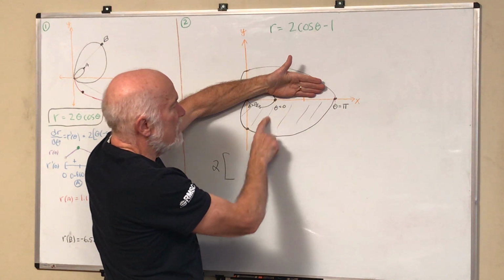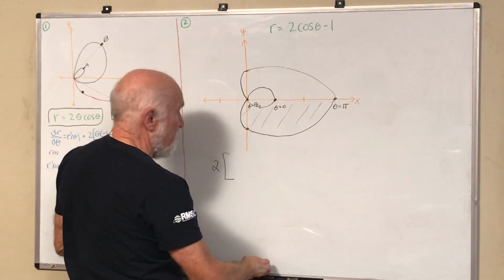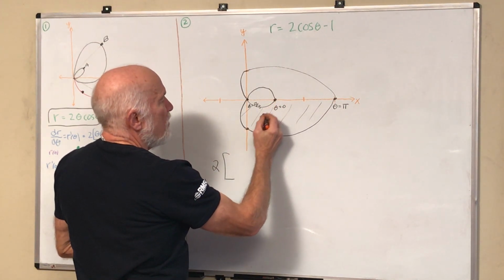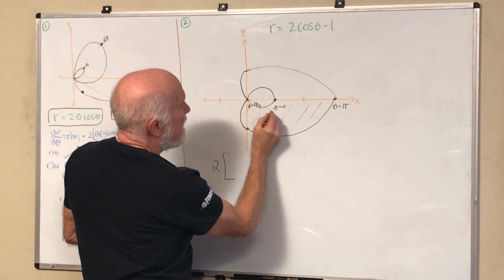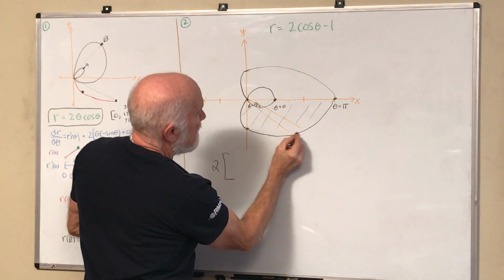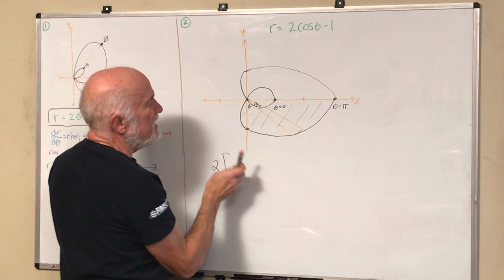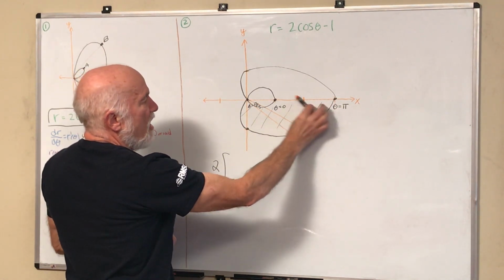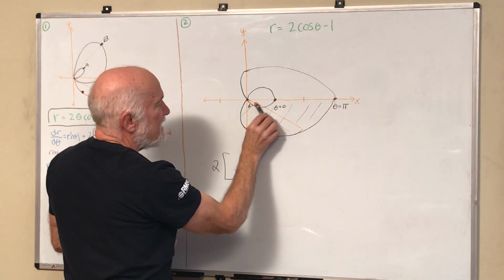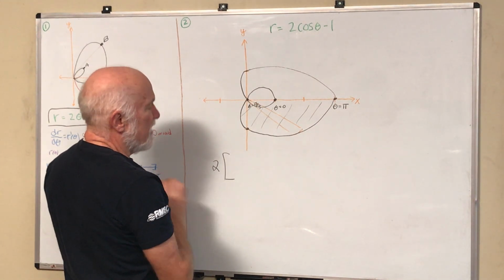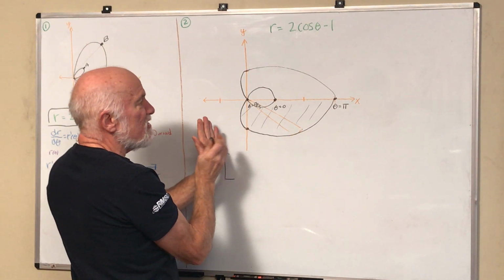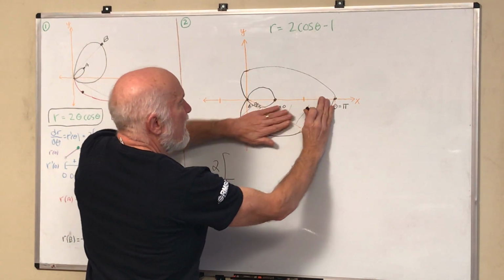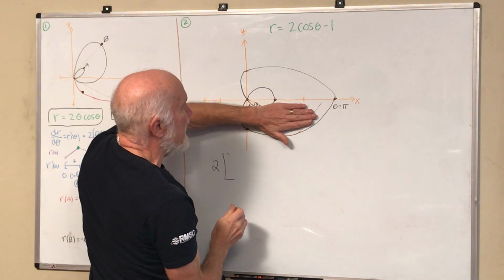Now, what am I going to do to get this area? I'm going to take slices of pi. So on my slices of pi, I'm getting all of this, but then I want to subtract that little part. So what I'm thinking is, since they're not traced at the same time, I'm going to take the area of this whole section where my hand is.